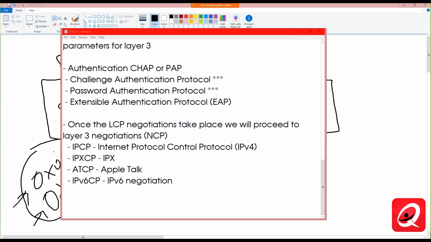In fact, we can even encapsulate multiple protocols on the same link. For every network layer protocol that's actually used on the link, you're going to get a separate NCP that's provided in order to encapsulate that information. I'll demonstrate that as part of our configuration.